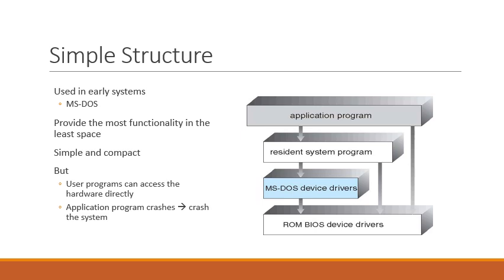Because MS-DOS was written for the Intel 8088 microprocessor, and this microprocessor provided no hardware mechanism or support to ensure protection from application programs or to ensure protection between the operating system and application programs. This microprocessor didn't have dual mode operation. Hence, the operating system designers had no choice but to leave the hardware open for application programs.